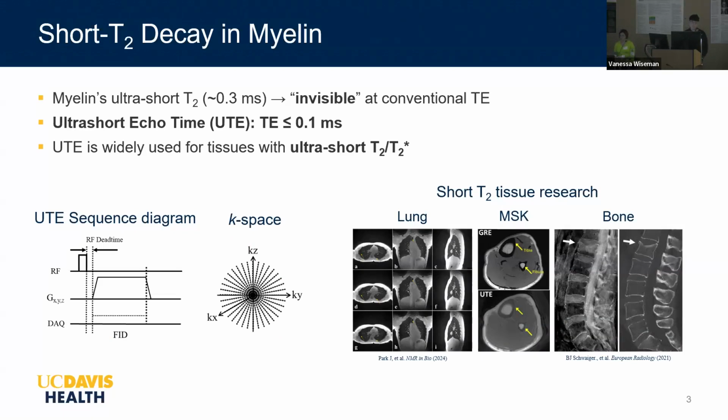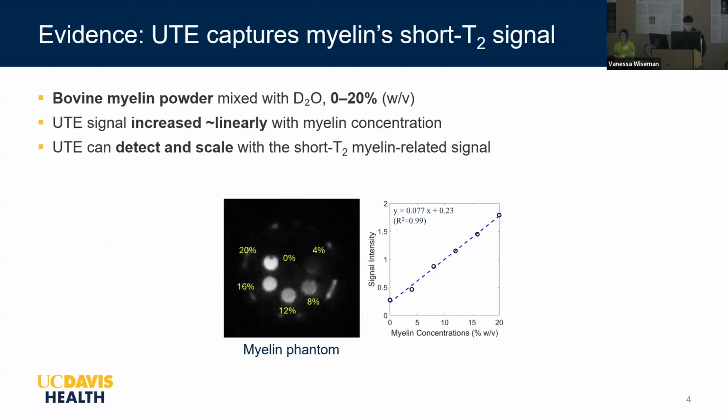Therefore, UTE is widely used for tissues with ultrashort T2 and T2 star, such as lung, MSK, and bone imaging. In our previous research, we found a correlation between UTE signal and myelin concentration.